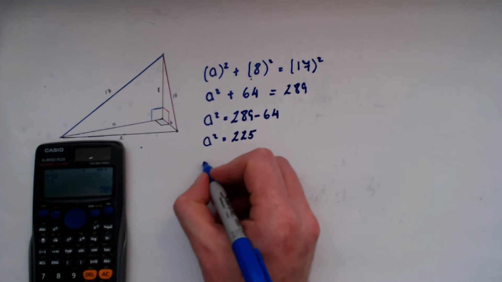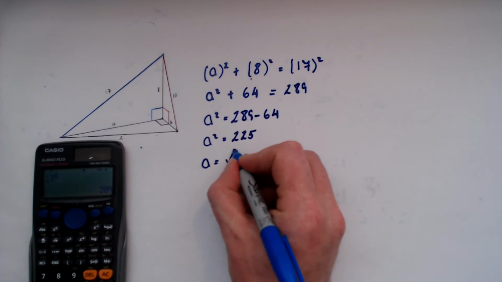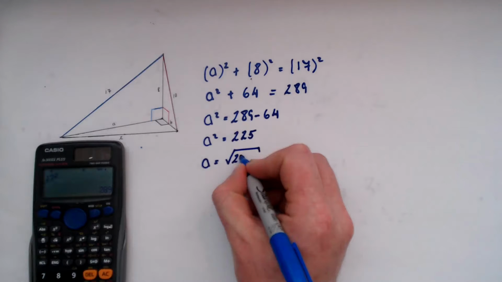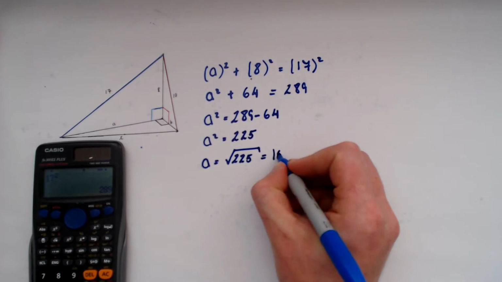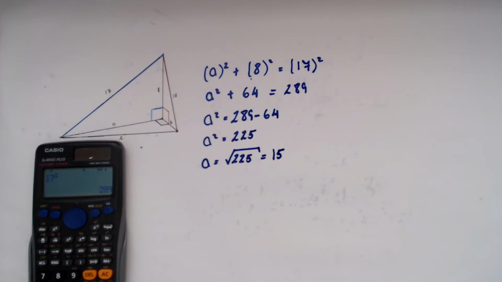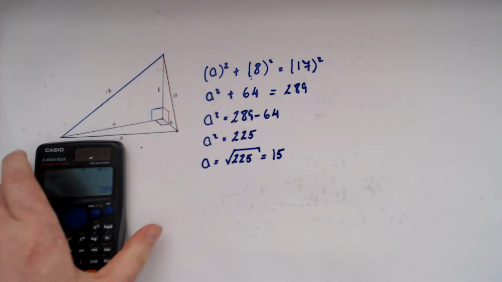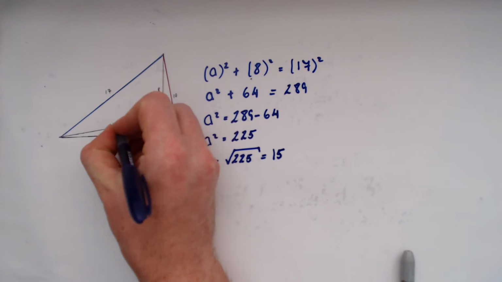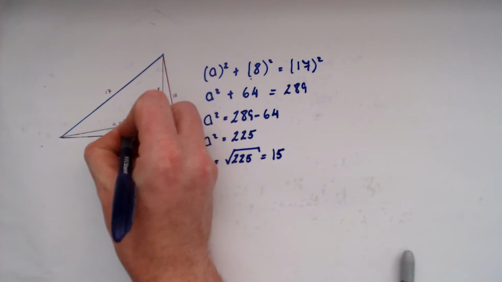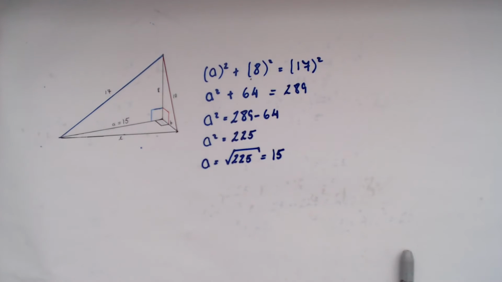And therefore, A is the square root of 225, which is 15. Let me just put that in real quick. So this value here is 15. Okay, so that's the first part done.